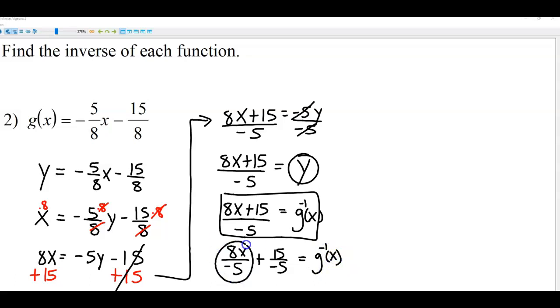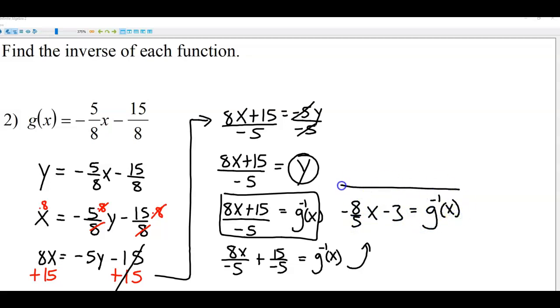So the first fraction here does not reduce, but this one does. And so here's what it would look like in its final form. If you reduced and simplified, you'd have negative 8/5 x minus 3. There you go. That's the inverse. So either one of these are acceptable answers, but these are the inverse of this function.